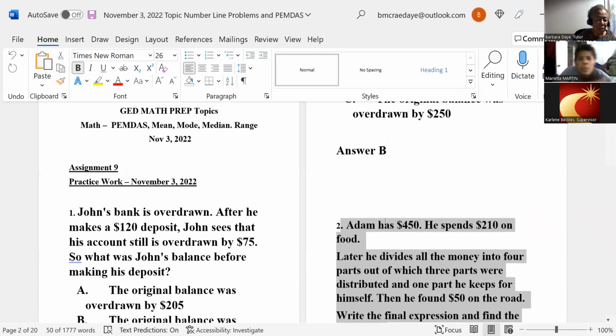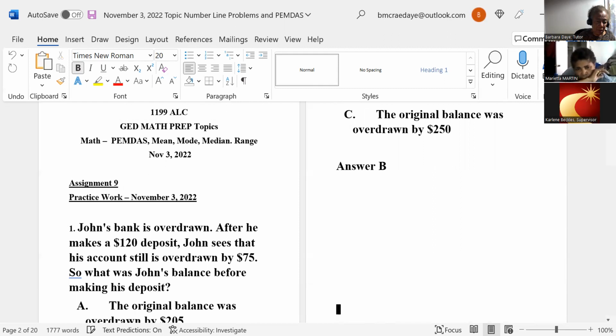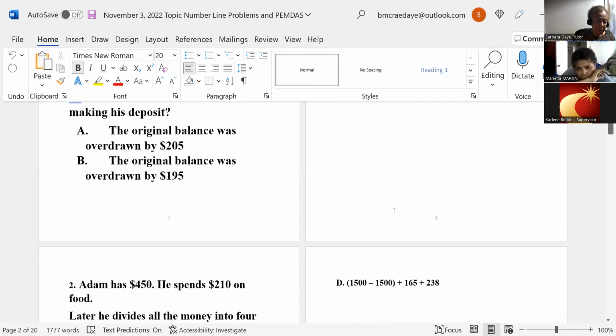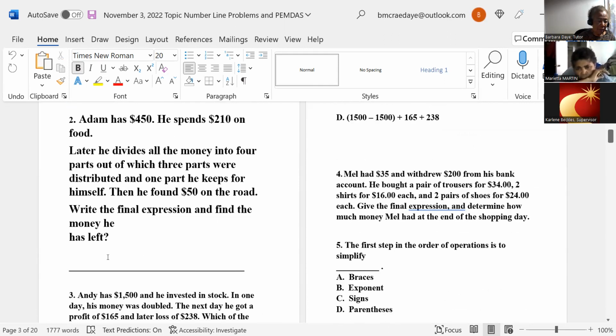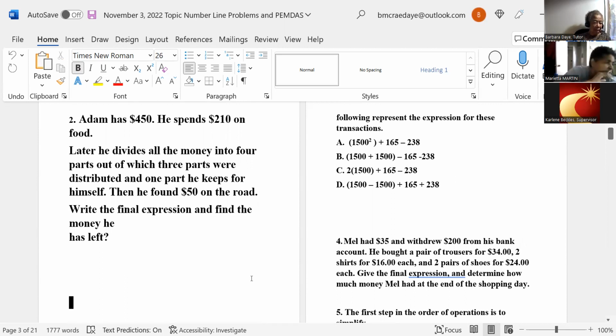Now let me just put this all on the next page so it all comes out together. All right. Now tell me, you said you got 110, right? Tell me how you got it. You subtract 210 from 450?